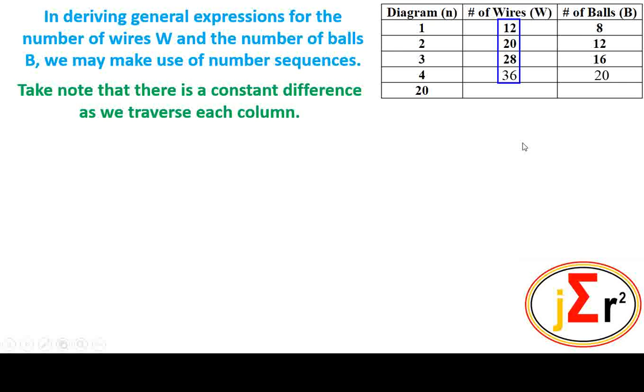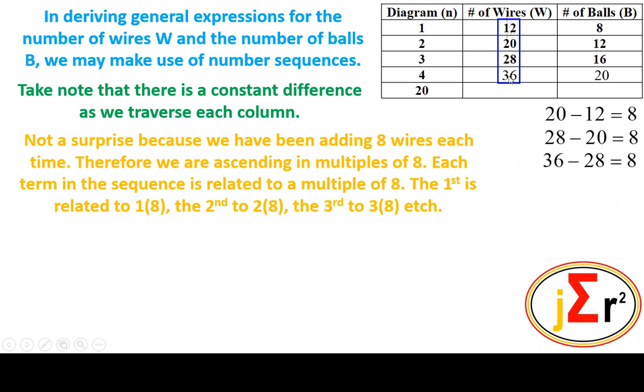All of those will give a result of 8. There's a constant difference as we traverse this column, the column containing the number of wires. Not a surprise, because we have been adding 8 wires each time.